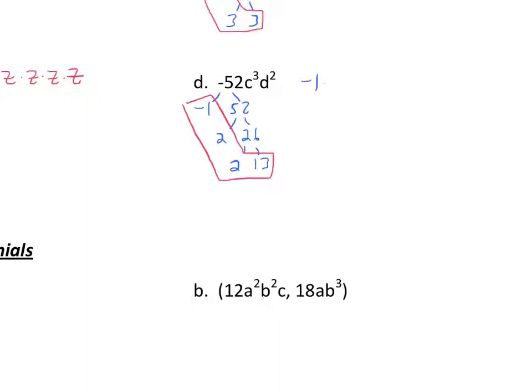So negative 1 times 2 times 2 times 13, and we have c cubed, so 3 c's, and d squared, so 2 d's. And that represents our factored form of that monomial.